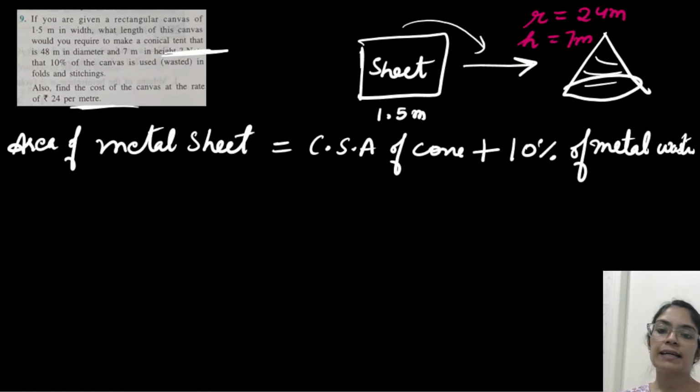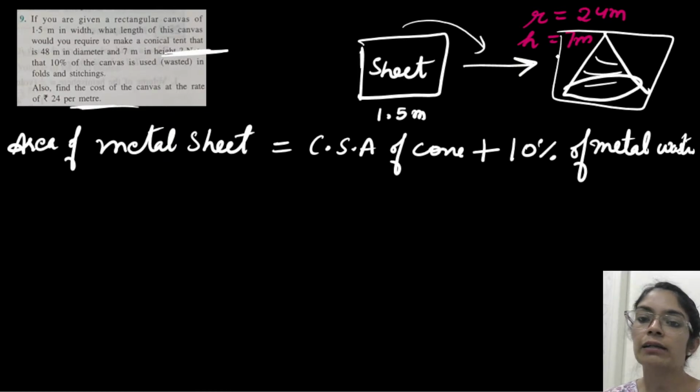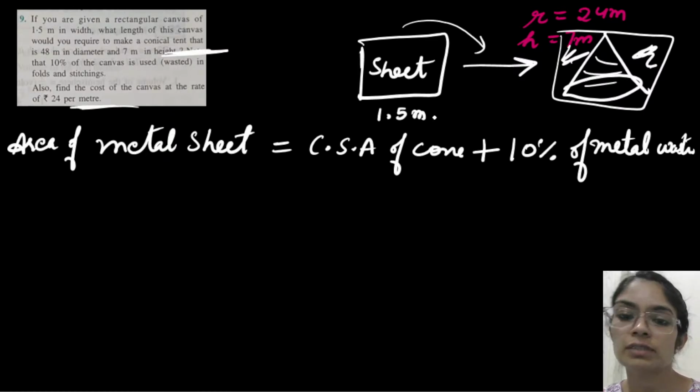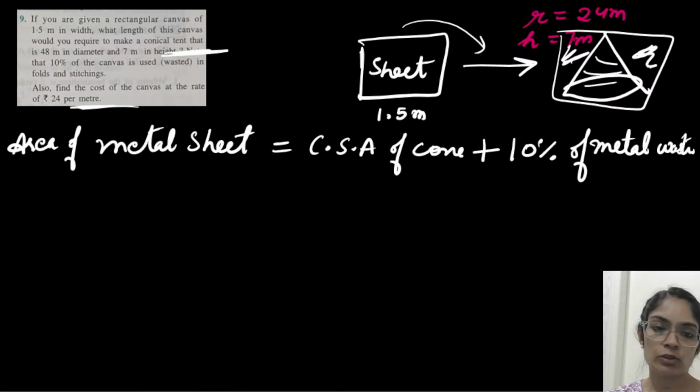So the curved surface area, because you can see here something rectangular is being converted into a conical shape. So wastage is also happening, and we have to include that wastage also. That's why this metal sheet's area will be equal to curved surface area of cone plus the 10% wastage. I hope this is clear, because you can imagine the same thing: if you are giving cloth to make some dress, there also the cloth is rectangular in shape, so some wastage will happen.